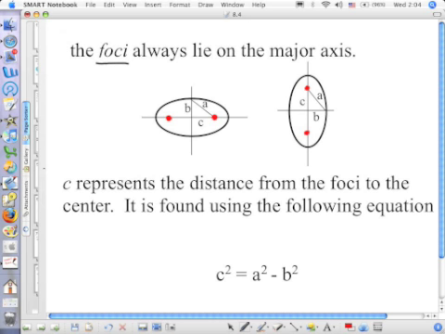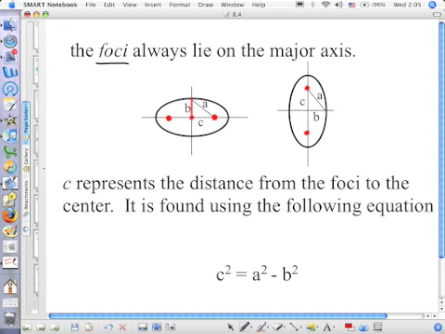Now, this B, is that a point or is it a distance? It's a distance. It's the distance from the center to the end of the minor axis.